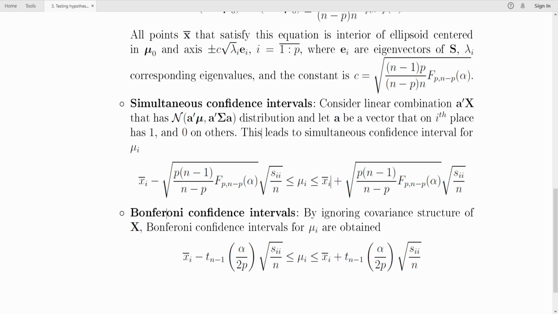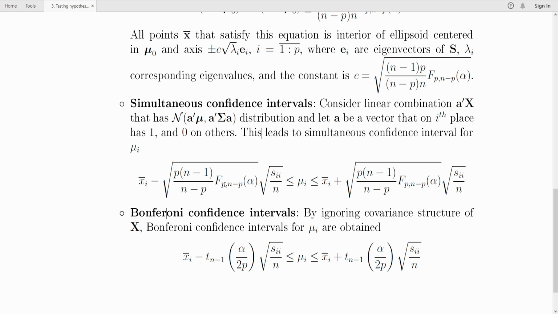So to quickly repeat again. All our T squared intervals, that mu1 is between those, mu2 is between those two limits, etc. to mu p, so we have p of them, all hold simultaneously with confidence coefficient 1 minus alpha, depending on what we choose.